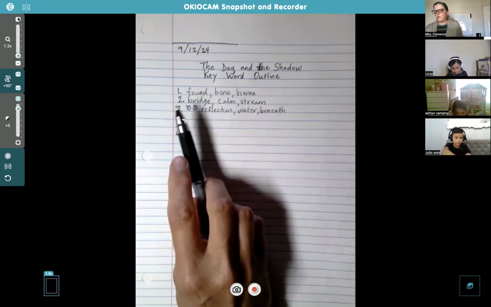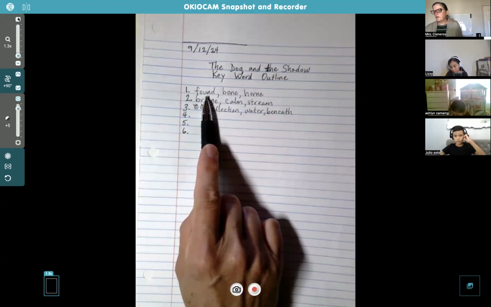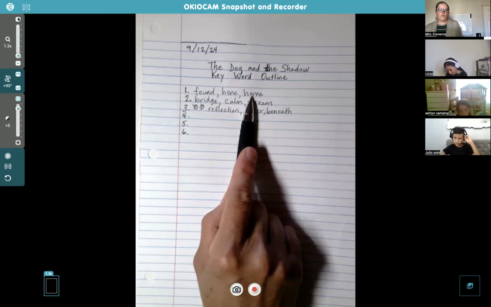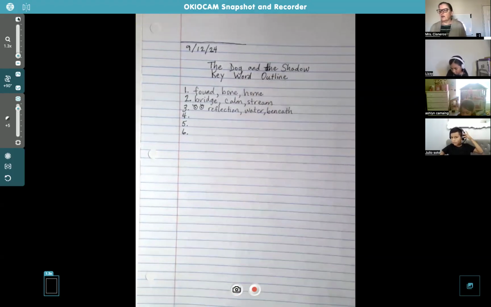And we're going to go back to number 1, and you see how we have found, bone, and home. And I know that the title is The Dog in the Shadow. It's kind of weird that they use the word shadow in the title because it doesn't really talk about his shadow. It's more like his reflection, which is a little different. But that was just kind of a fun way to make up a title, I guess.